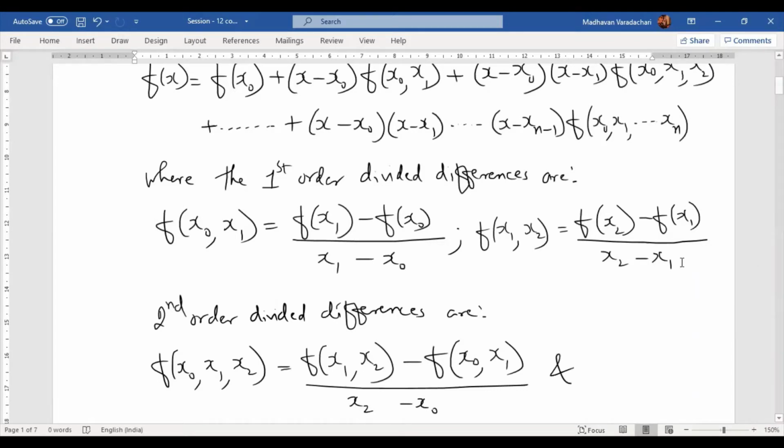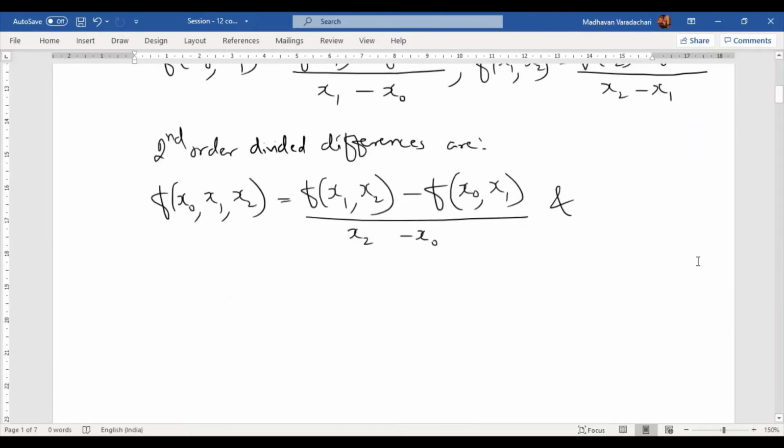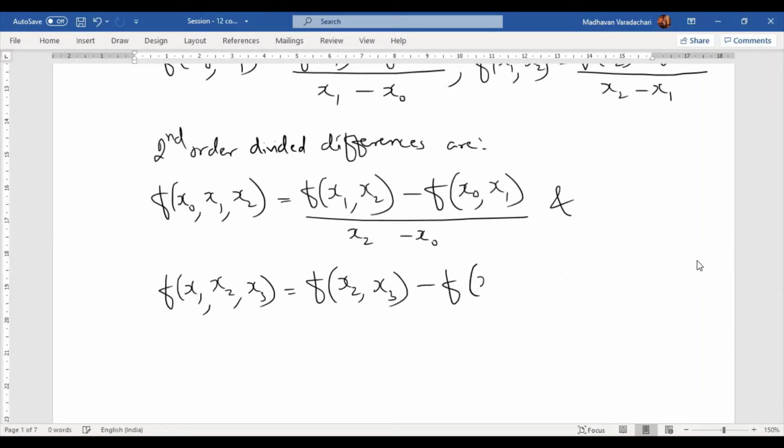And suppose if I write f of x1, x2, x3, then that is defined as f of x2, x3 minus f of x1, x2 divided by x3 minus x1.